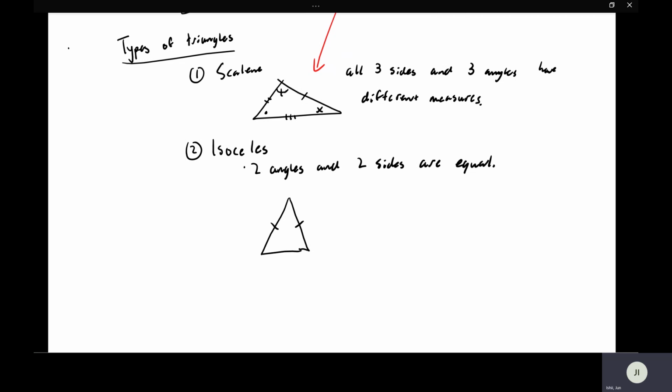Now, the key thing here is that when you have the two equal sides, the angles across from them are also equal. So the angles across from the equal sides are equal.